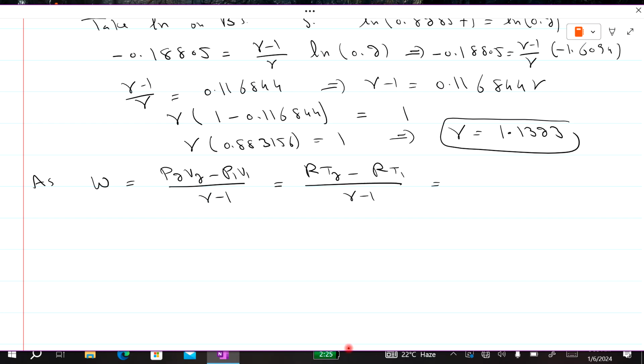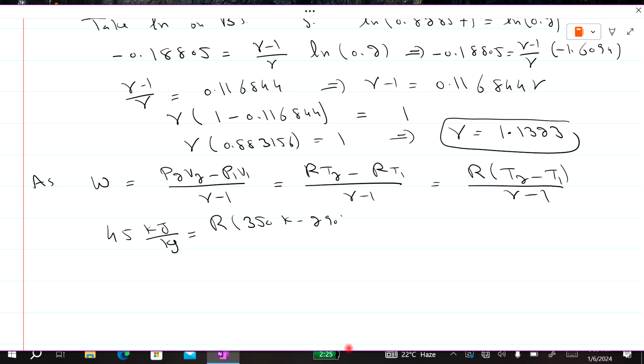R is common, so taking R common, R into T2 minus T1 divided by gamma minus 1. As we know, the work done is 45 kilojoule per kilogram, is equal to R, which is unknown, times T2 of 350 Kelvin minus T1 of 290 Kelvin, divided by gamma minus 1.